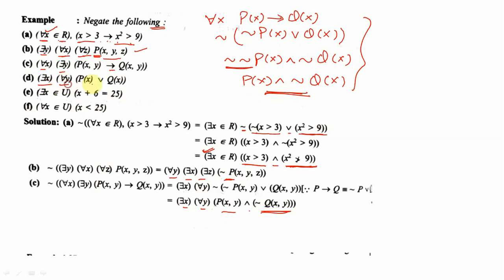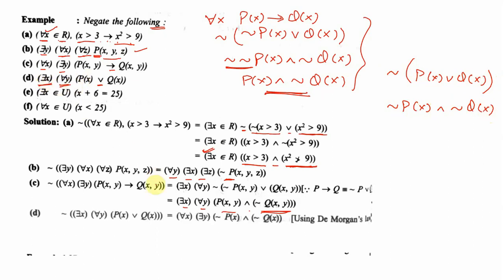Existential universal, and here I have or, see, I have px or qx. So if I apply a negation over here, I'll apply De Morgan's theorem, so it will become negation of px and negation of qx, and this existential will become universal, universal will become existential.